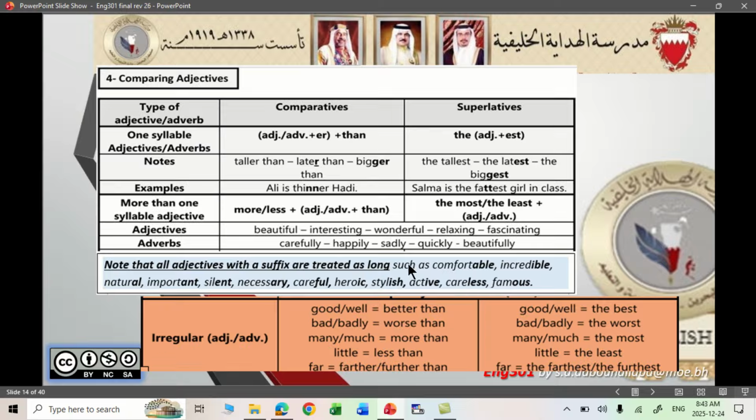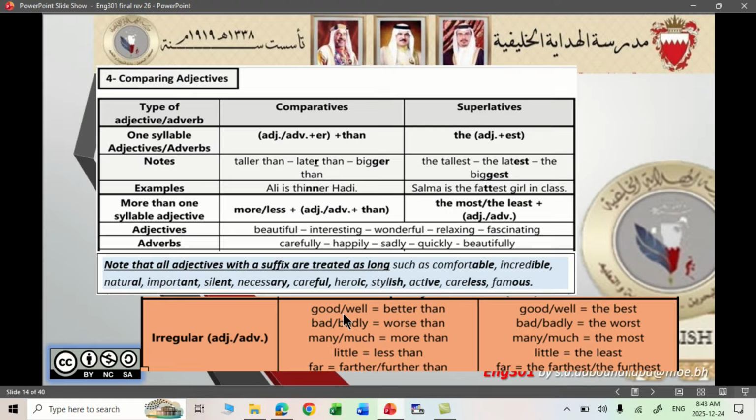All these suffixes that are used to make an adjective make the adjective long, and we treat it as a long adjective. I mean using more than and using the most with them, not adding anything to the end of these adjectives. All right?